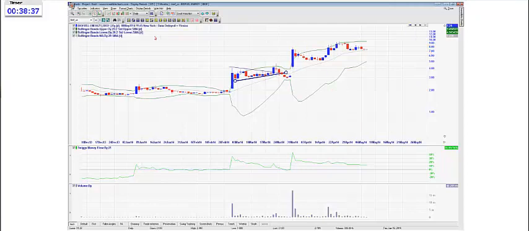So we always want to make sure a logarithmic graph is what's being used when measuring lengths of moves. So what we do here is we measure from the bottom of the candle to the top of the candle, and what we then do is we duplicate that line to the point that the stock breaks out from.